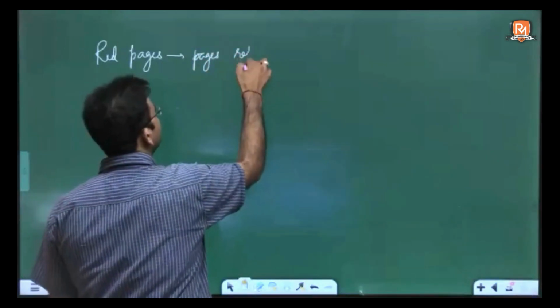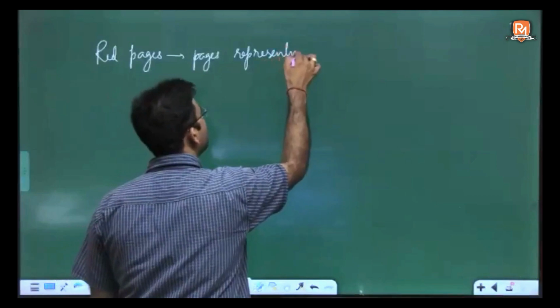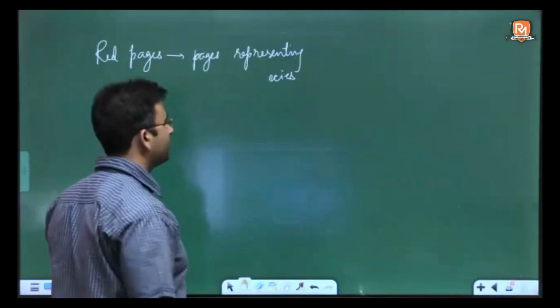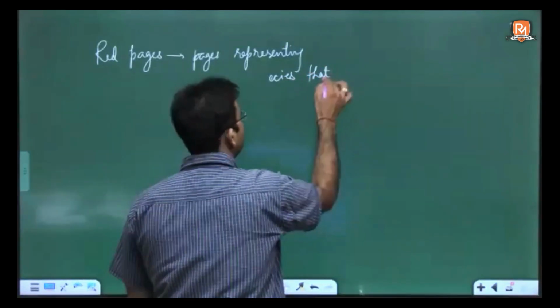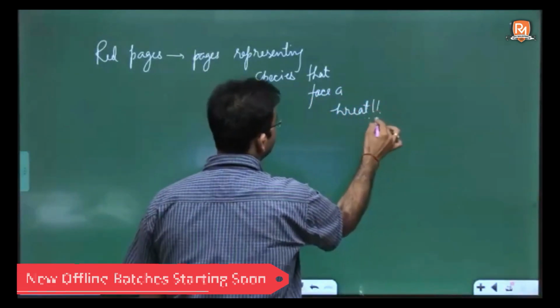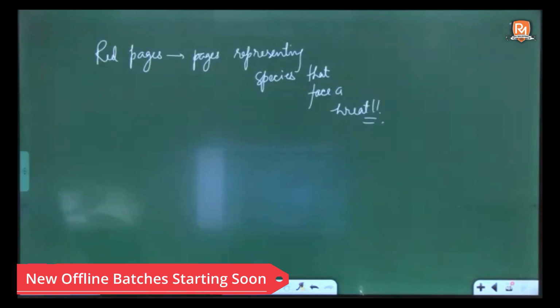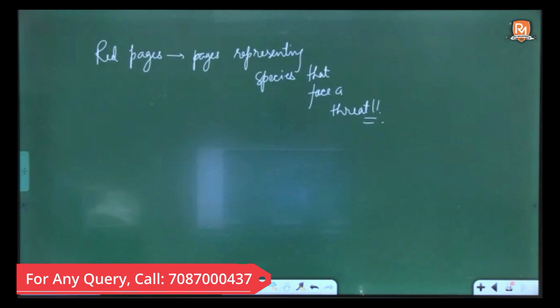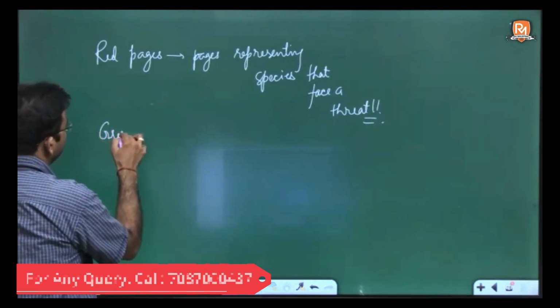Red pages are the pages representing species that face a threat. That is red pages. After red pages, there are green pages.